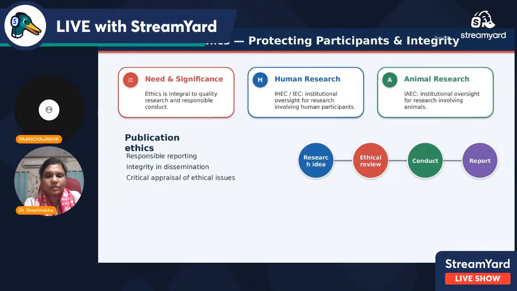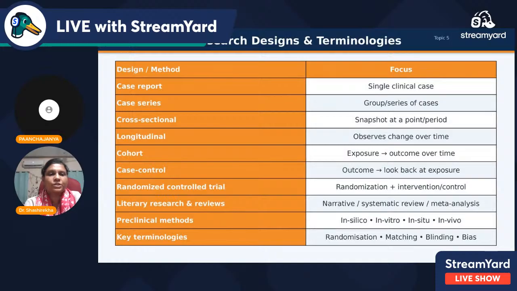There are such publication ethics you are supposed to follow. It may come for MCQs or SAQs. You must know what the publication ethics are, the need of them, and the steps to follow for publication.